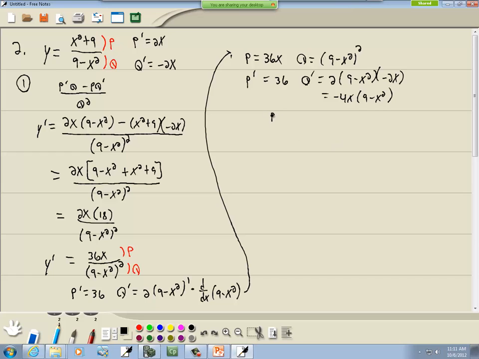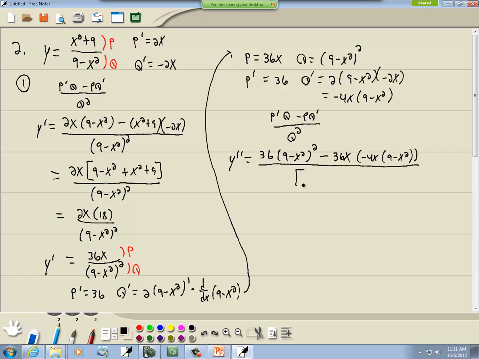Okay, so now we're ready to plug in our formula. We got p prime q minus p q prime over q squared for the quotient rule. P prime was 36. Q is 9 minus x squared squared, minus p, which is 36x, times q prime, which is negative 4x times 9 minus x squared, over q squared, and q was 9 minus x squared squared, so we're going to square that.